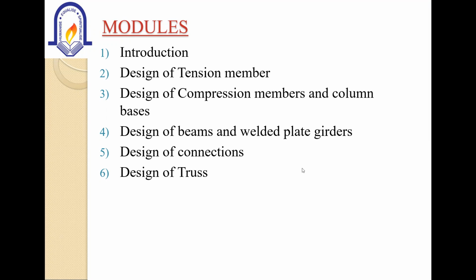So design of steel roof truss is a combination of all the chapters that are there in your DDSS. So that's why we are going to take design of truss in the last, that will be the last module, that is module number 6.